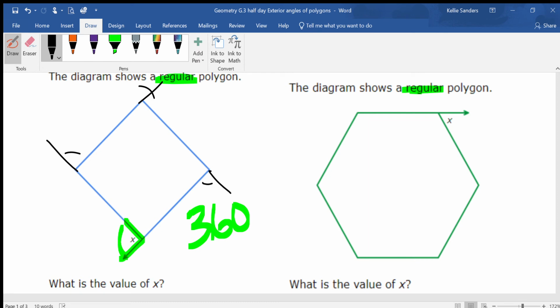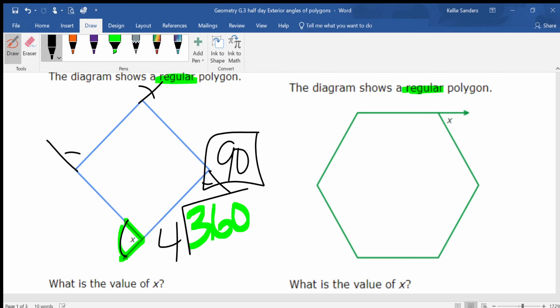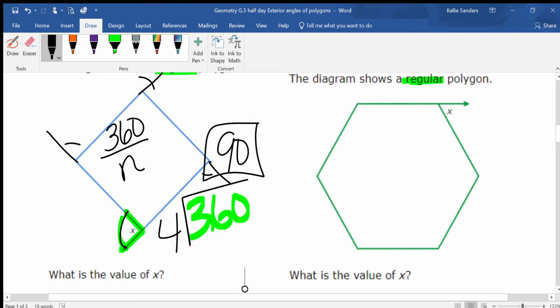But how many exterior angles would there be? 4. And if all 4 add up to 360, we would take 360 divided by 4 and get 90. So one of those exterior angles is going to be 90. Or take 360 and divide it by n, n being the number of sides you have, or the number of angles you have.